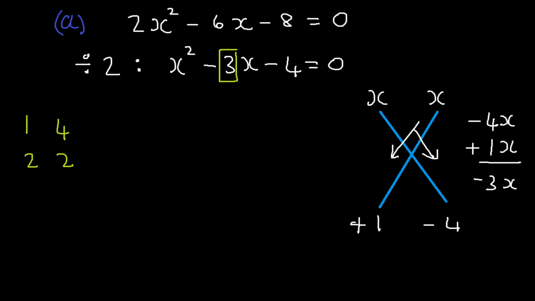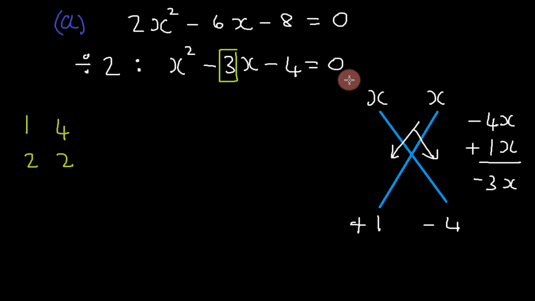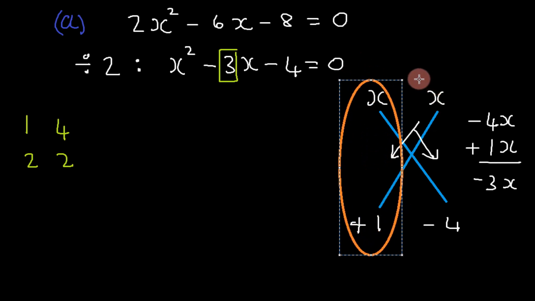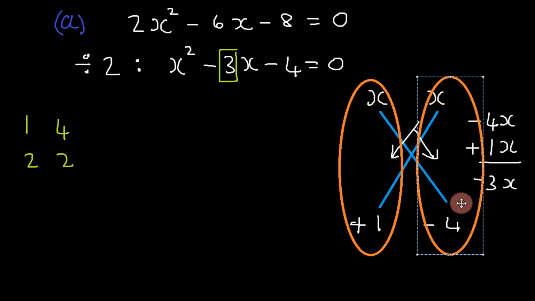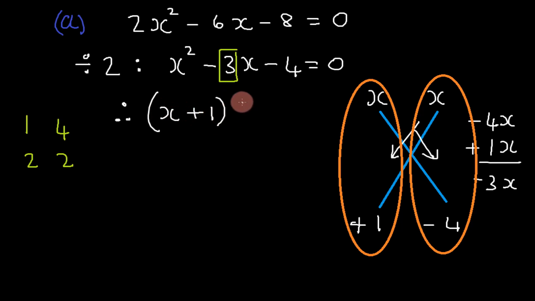Now we can group vertically. So x and plus 1 together, and then x and negative 4 together. So x plus 1 will go in one set of brackets, so x plus 1, and then times x minus 4.